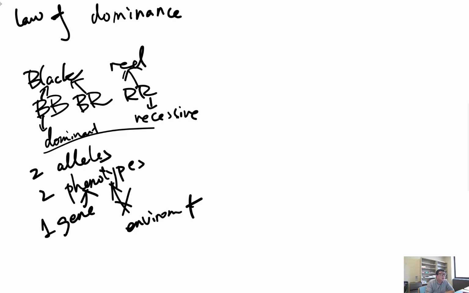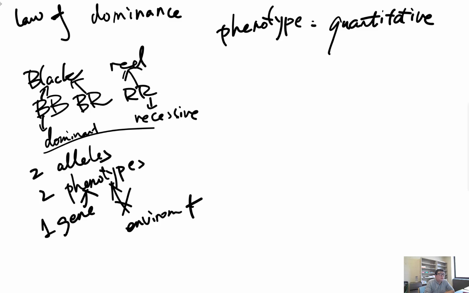In most cases, the phenotype is a quantitative phenotype. For example, body height, body weight, skin color. We talk about black and white, or dark color, but the truth is it's not just simple black and white.